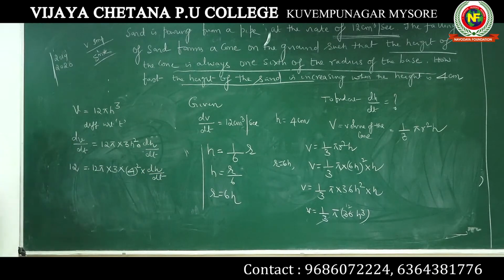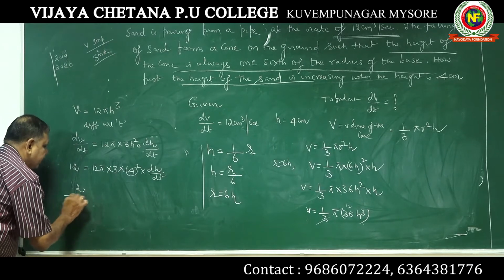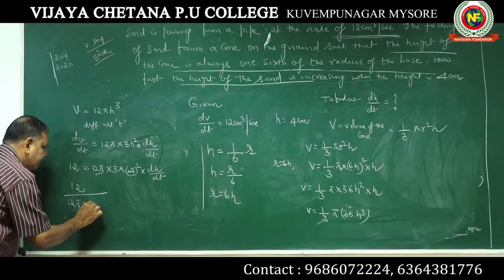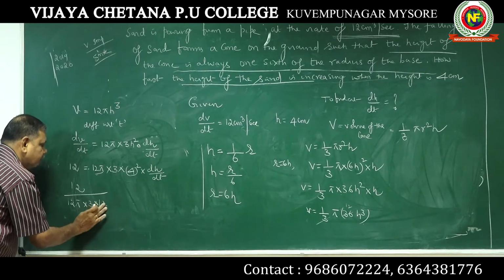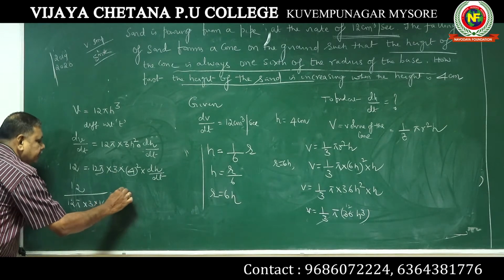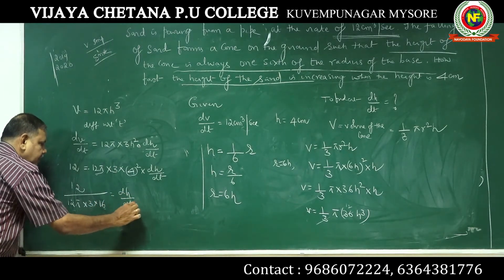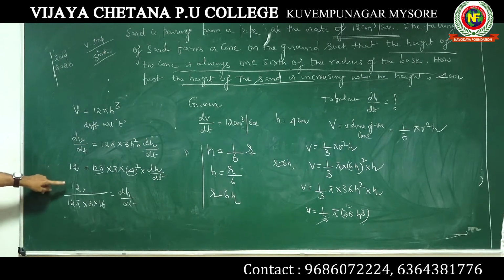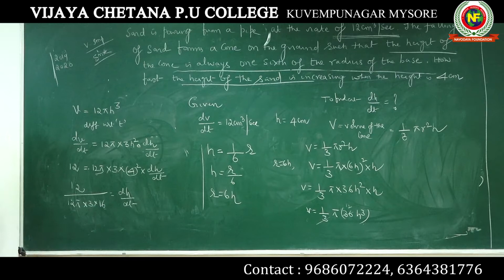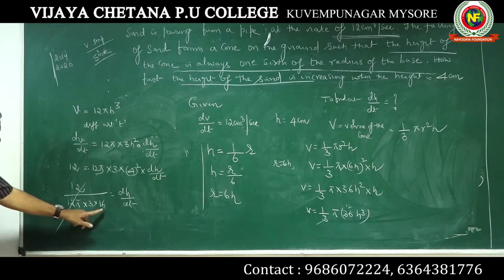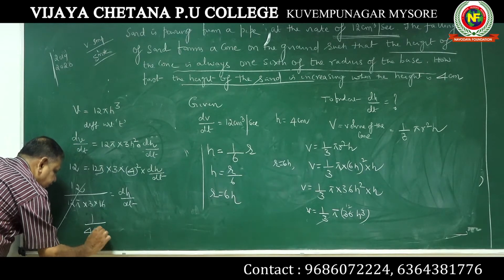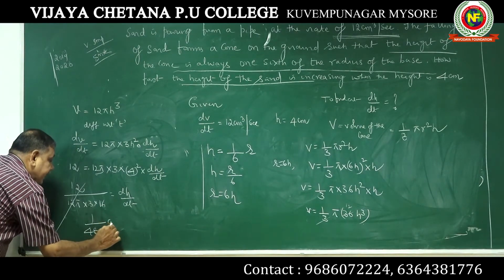Or it is 12 divided by 12 pi into 3 into 4 squared, which is 16, is equal to dh by dt. Understood? dh by dt is 12 by 12 pi into 3 into 16. 12 and 12 cancel, 16 times 3 is 48. So 1 by 48 pi centimeter per second.